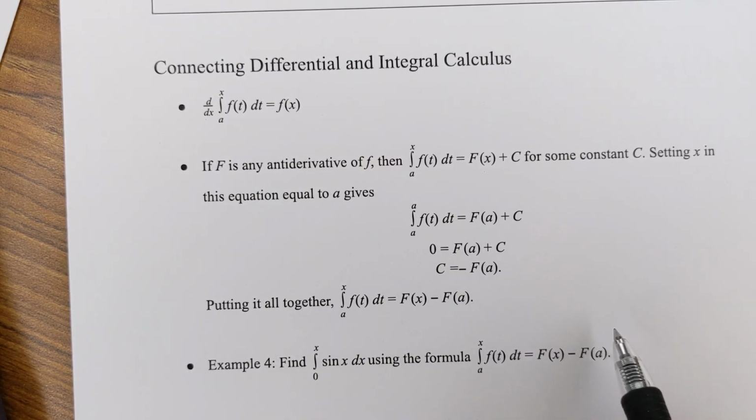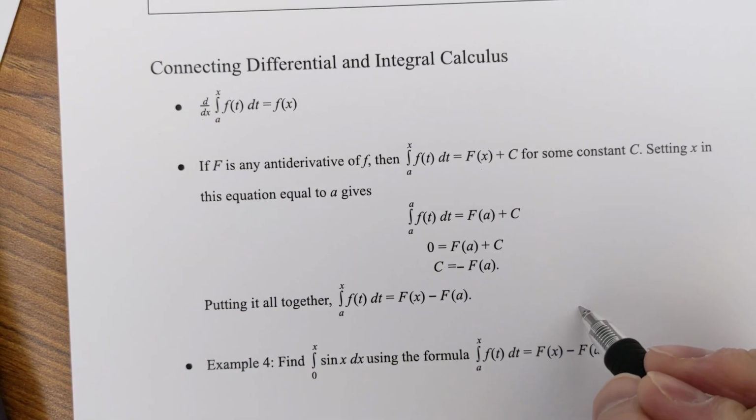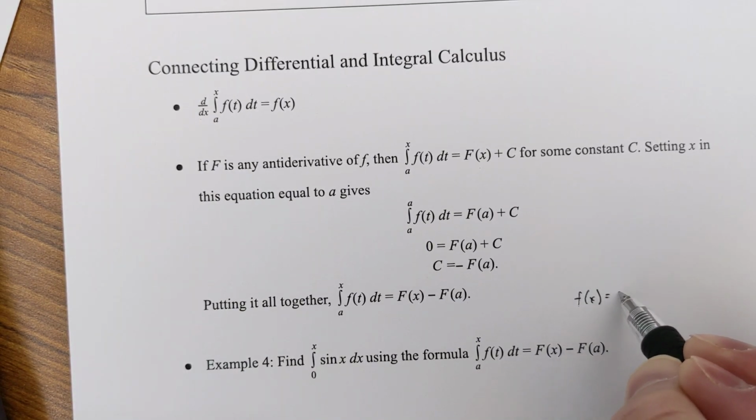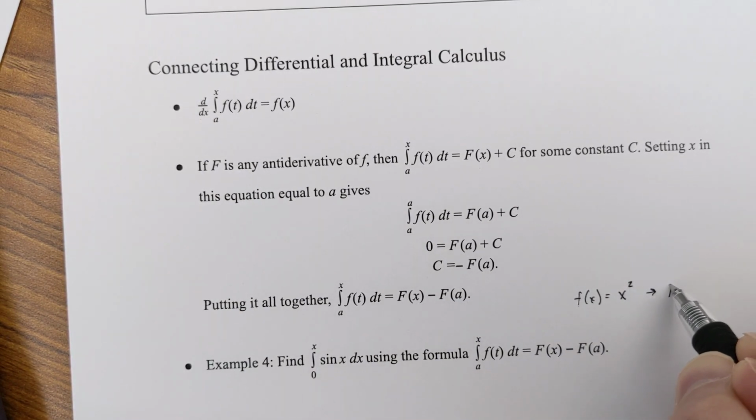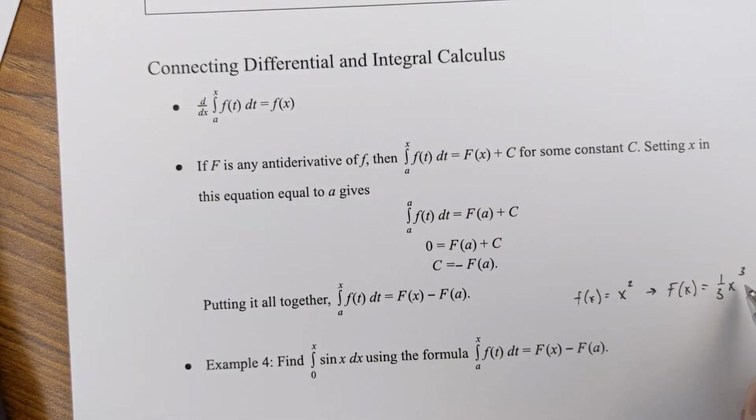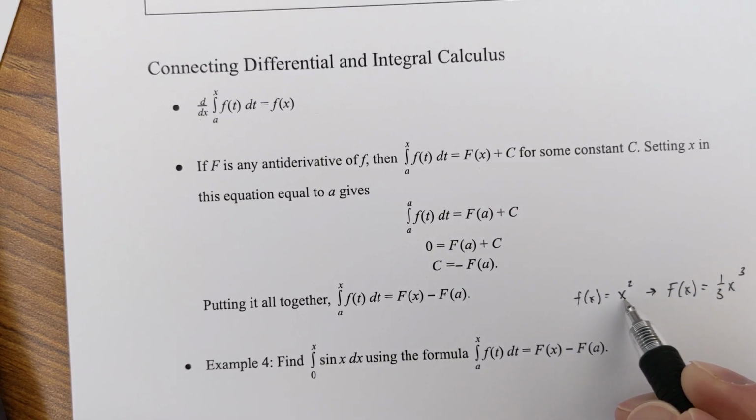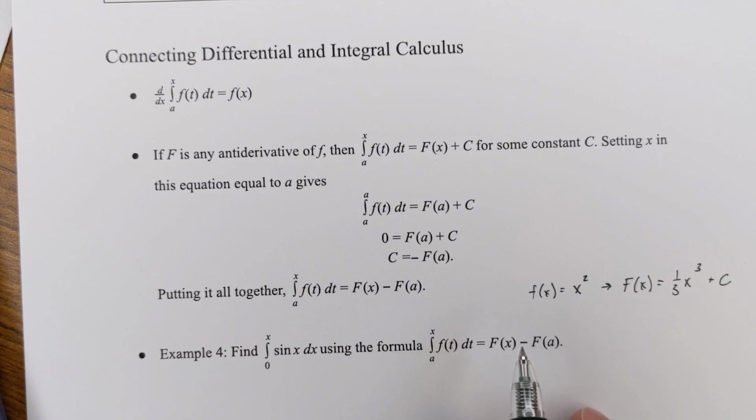Because if f of x is x squared, capital F of x is 1/3 x cubed, because the derivative of this is this. So technically it's a plus c at the end here that we'd have to figure out the value for.